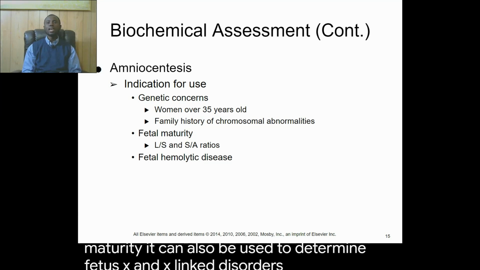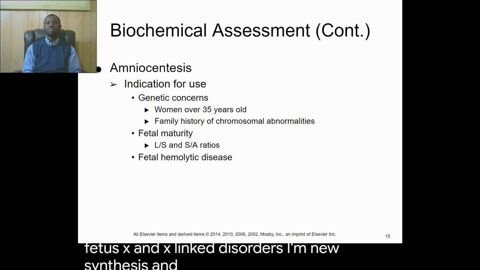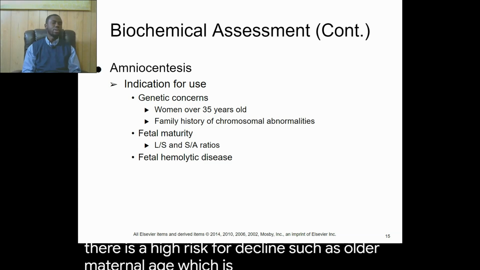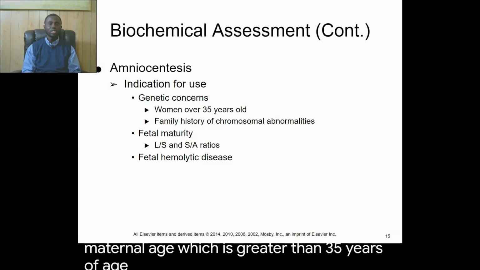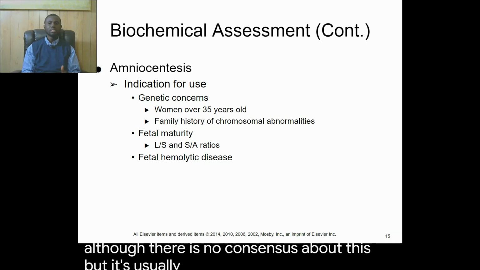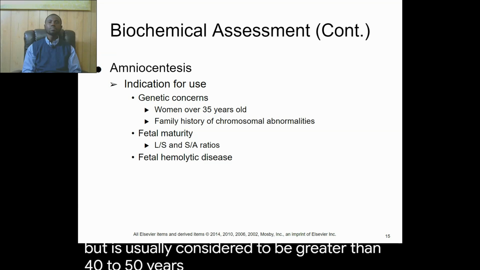However, there is a high risk associated with amniocentesis and it should be indicated only if there is a high risk for the clients, such as older maternal age, which is 35 years of age or older, or older paternal age, although there is no consensus about this, but it's usually considered to be greater than 40 to 50 years.